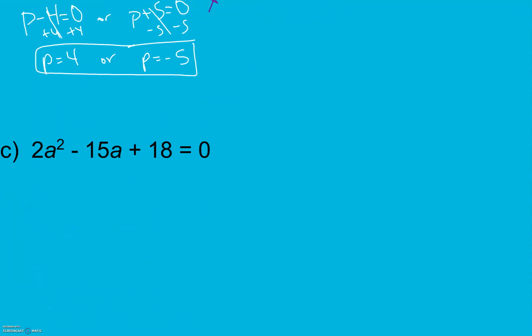Here, our first step when we factor is to check for greatest common factors. I don't have one here, so I'm going to use the swing method. I'm going to swing the 2 to the back as multiplication and rewrite it. A squared minus 15a plus 36 equals 0. Here we're going to multiply to 36 and add to 15, 12 and 3.